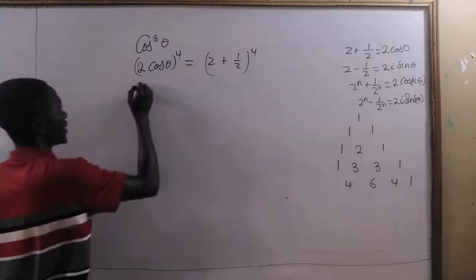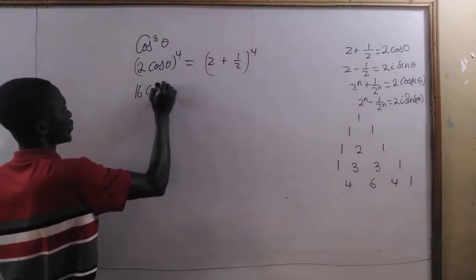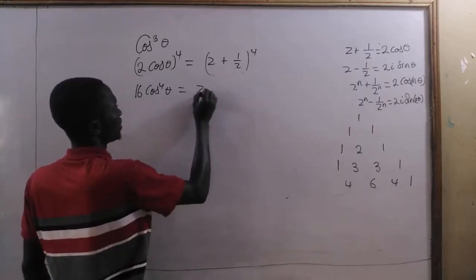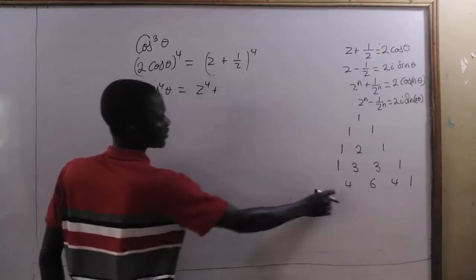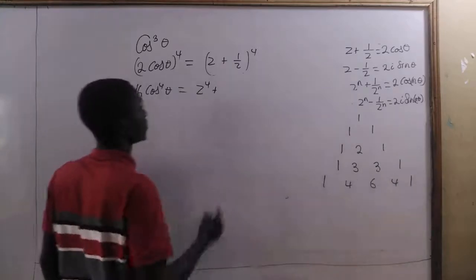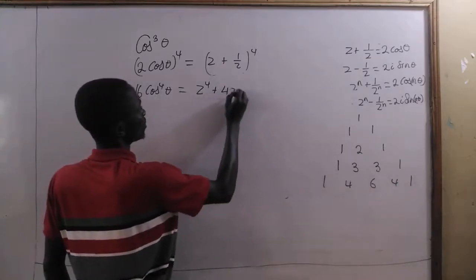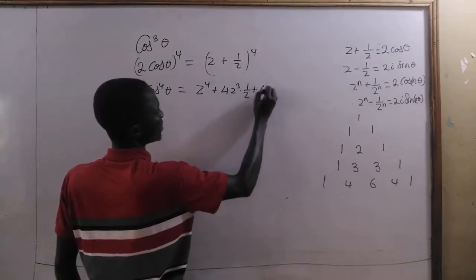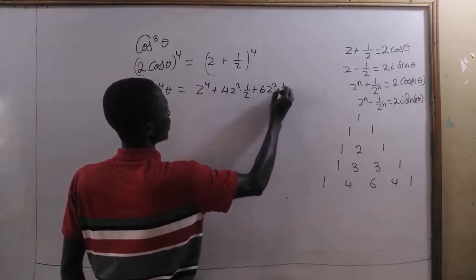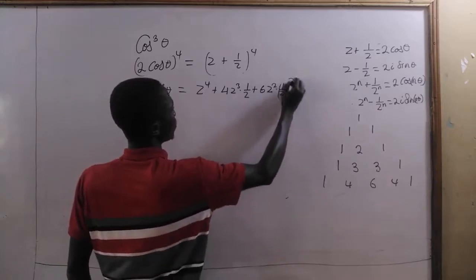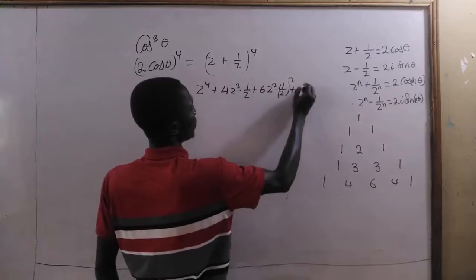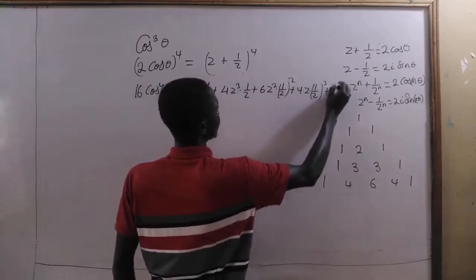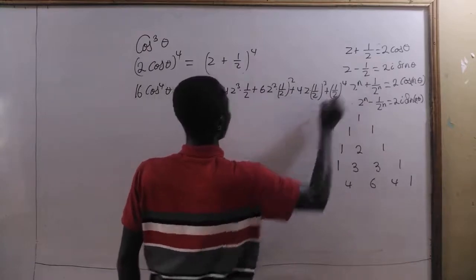And this will give us 16 cosine to the power 4 of theta equal to, we expand this one, so we have z to the power 4 plus 4z to the power 3 times 1 on z plus 6z squared times 1 on z squared plus 4z times 1 on z to the power 3 plus 1 on z to the power 4.